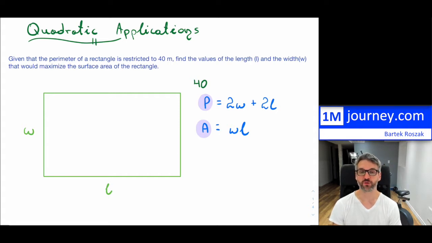So if that is 40 and I want to maximize A, how can I solve this problem in general? The area is width times length.